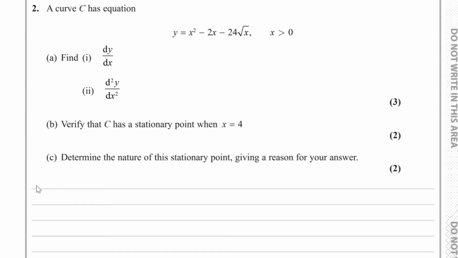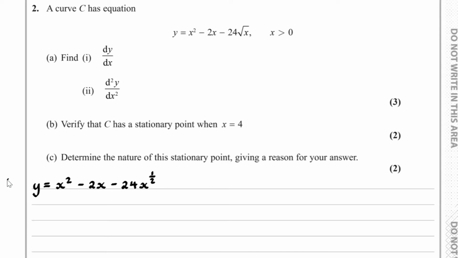Now, before we do anything else, we can rewrite the curve C as y equals x squared subtract 2x subtract 24x to the power of 1/2.